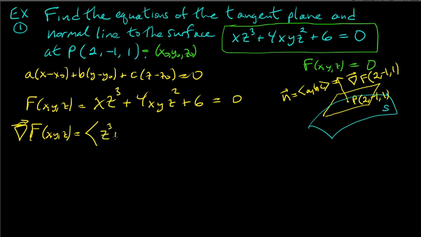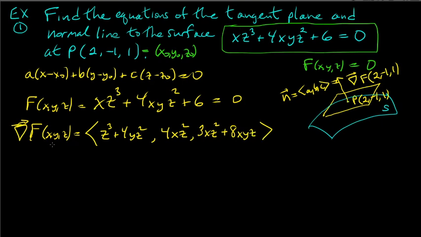We're going to get z cubed plus 4yz squared, plus 0. And then the partial of F with respect to y is just 4xz squared. And then the partial with respect to z, you're going to get 3xz squared plus 8xyz.